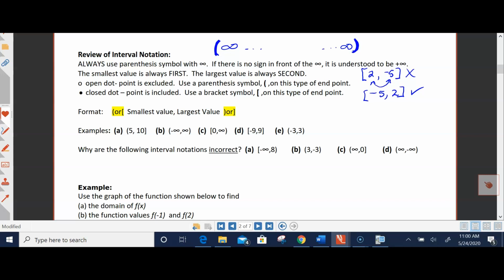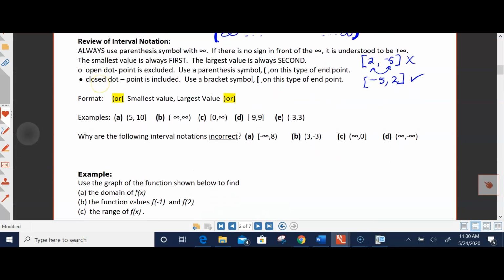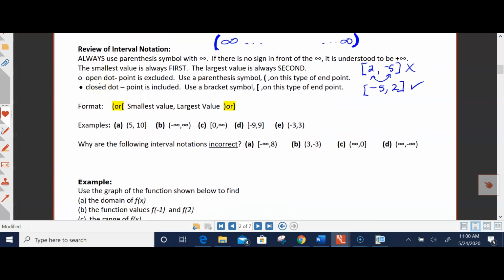Also, if your graph has an open dot on one of its ends, then that means that point is excluded, and on that value we have to use a parenthesis. So we use a parenthesis for the endpoint if we have an open circle or open dot, and if our graph contains a closed dot on maybe one of its endpoints, then the closed dot means that value is included, and we would use a bracket on that type of endpoint.